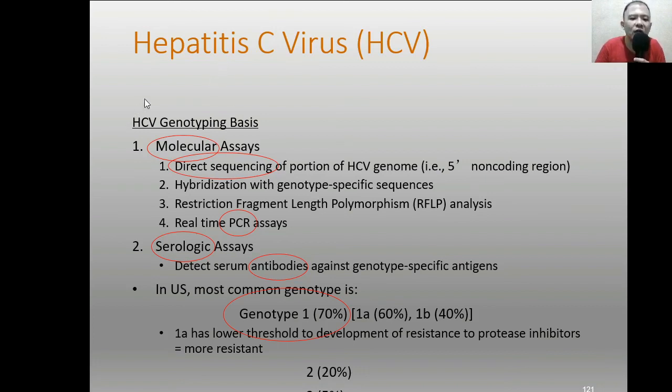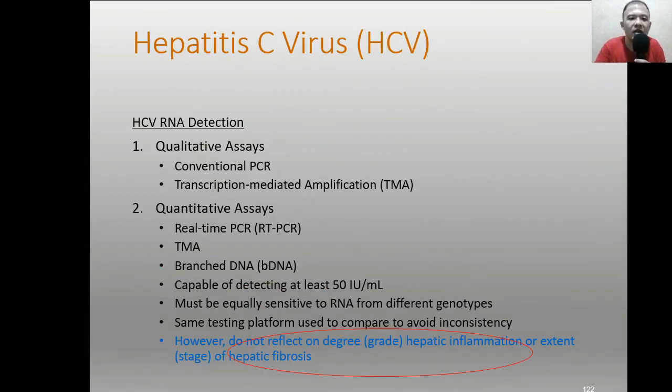So on a genotyping basis, you can have molecular assays. We're familiar with this, maybe we've heard of this from biochem. Then serologic, that means the antibodies and the antigens. And RNA detection, both qualitative and quantitative.